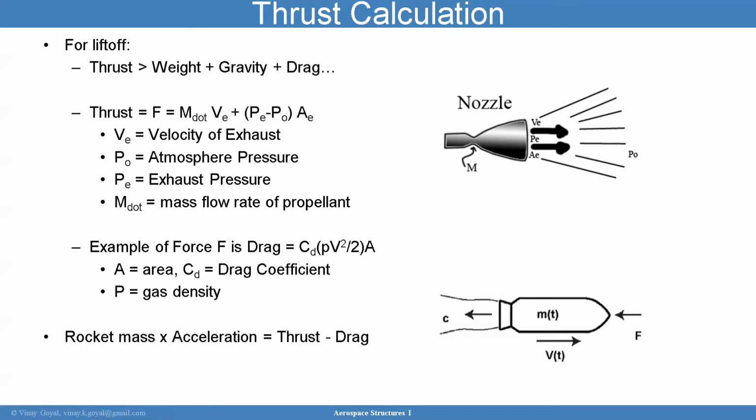Otherwise, the vehicle is going nowhere. This equation is studied quite significantly in physics. That's Newton's law: summation of forces is equal to ma. Summation of forces, thrust minus drag, equals ma, the mass times acceleration.